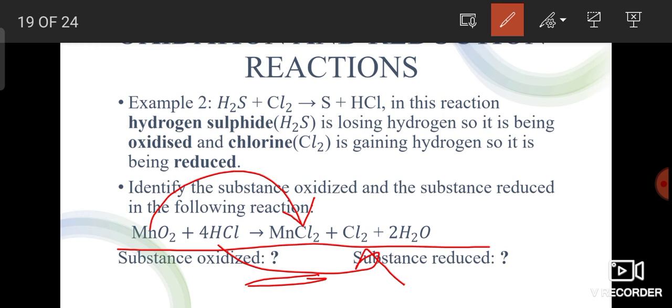So obviously MnO2 will be dash, and HCl is losing hydrogen and is changing into chlorine, which is Cl2. So that is why the substance which is getting dash is HCl, okay. So now I hope you have understood the answer of this question, and you people are going to answer this to me in my WhatsApp group, okay.